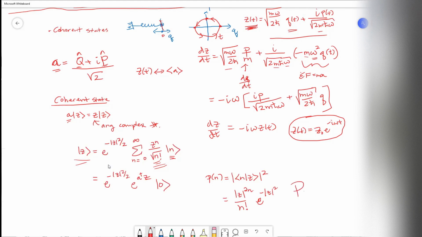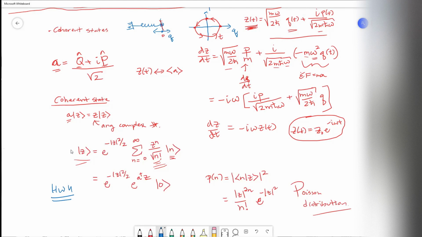And this is a Poisson distribution, which looks an awful lot like a Gaussian. So there are interesting properties of it, and you'll explore it on the homework. I just wanted to mention that you study this in homework form.